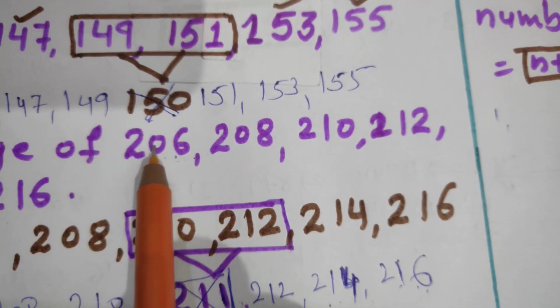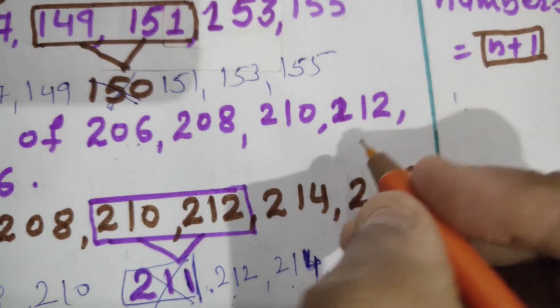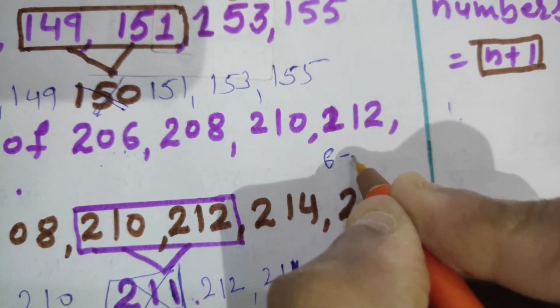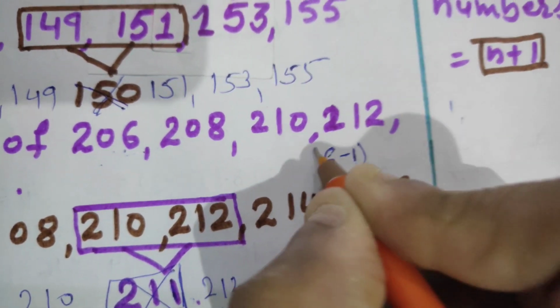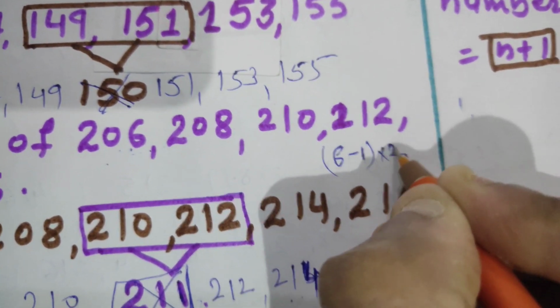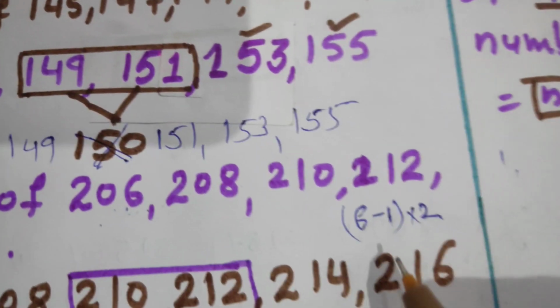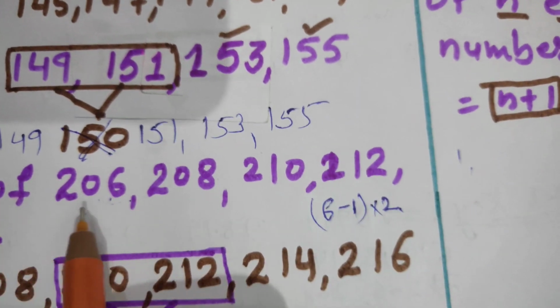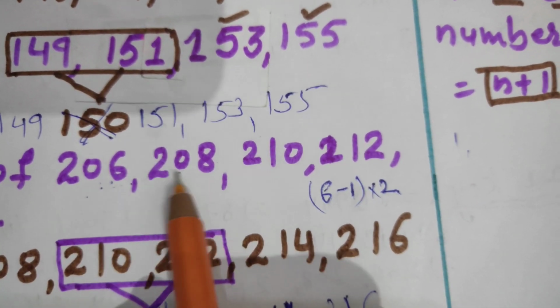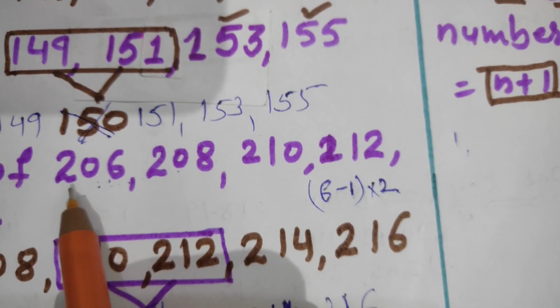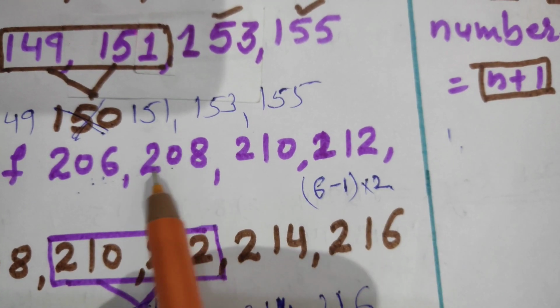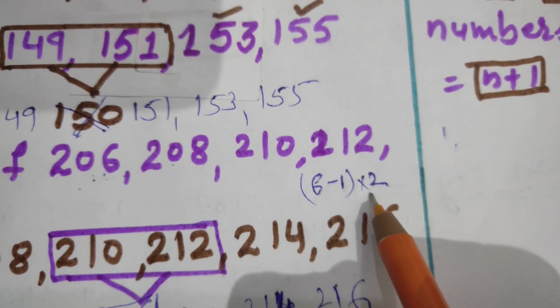But how did I get it? How many numbers were there? 6. 6 minus 1 and multiply by 2. Why multiply by 2? Because these numbers have a difference of 2: 206, 208. Difference of 2 is there, that's why.